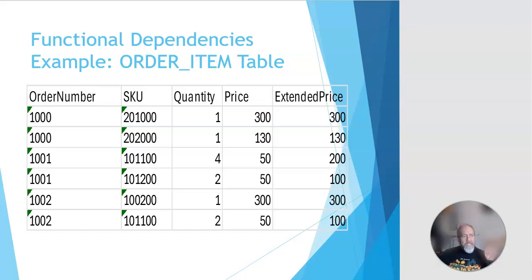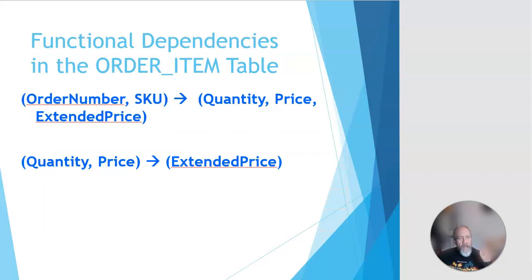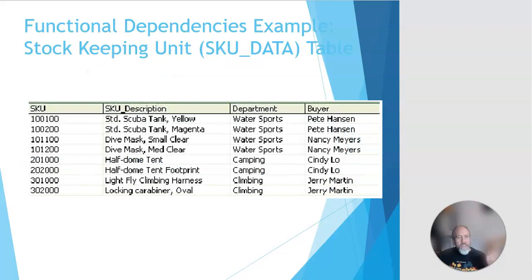The important thing when you're looking at how you design your tables is that you have the ability to recognize these functional dependencies, because down the line that is going to determine how you organize and build those tables. So going back to this one, is this a good design?